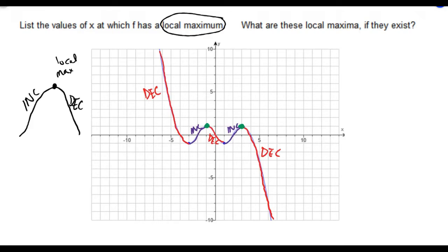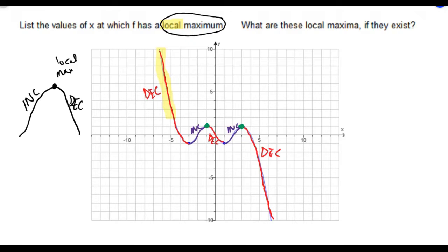Now we notice that these two peaks are not the highest y values of the graph. We notice that all of these y values are larger. Even though they're larger, the word local is allowing us to narrow our focus to a localized area.